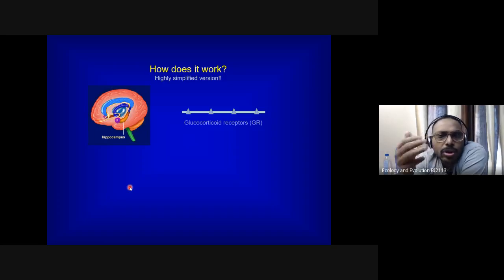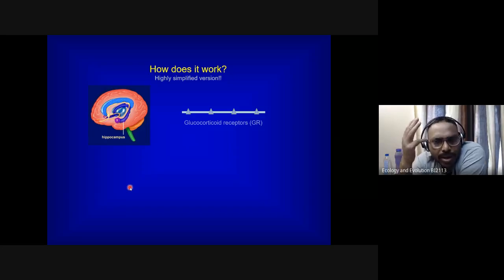Now in order to remove this, the body transports these cortisols through the blood to the brain. And in the brain, it is these glucocorticoid receptors which actually take those hormones and pull them inside the hippocampus, thus reducing the level in the blood, in the body, below the threshold of anxiety.